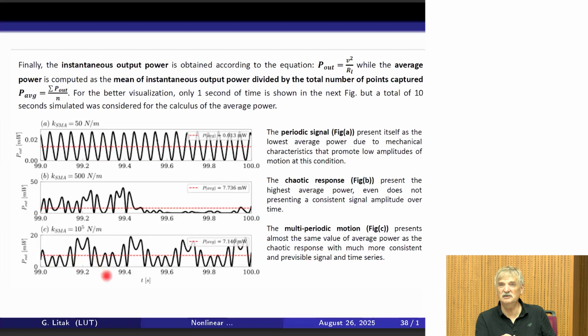It's multi-periodic but regular, and this is chaotic. So sometimes it is small amplitude oscillation, sometimes it's large amplitude oscillation, and this is also called intermittence. You switch, and suddenly you have some interval of a completely different solution, but you go back after some period to larger oscillation.